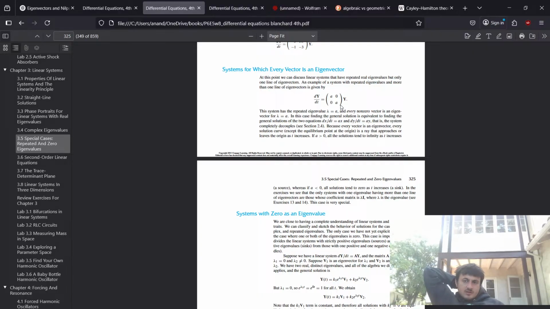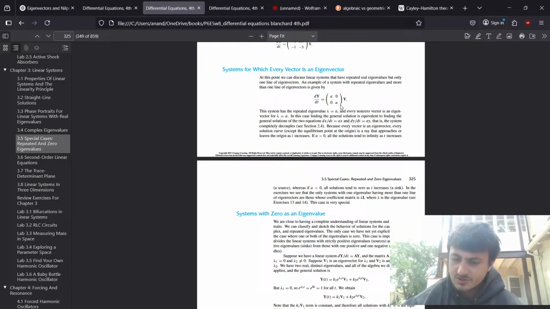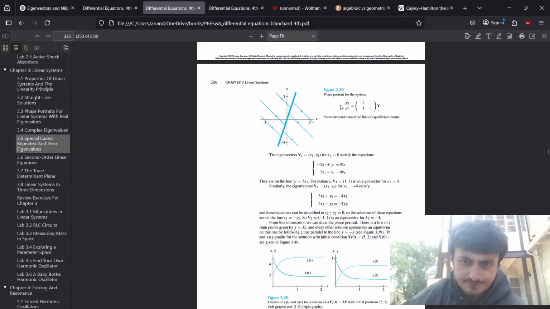No, I think we did that one. Oh, you know what we didn't do, though? No, we did that one, because that would just be a source and a sink. We did this one. This is where 0 is an eigenvalue.